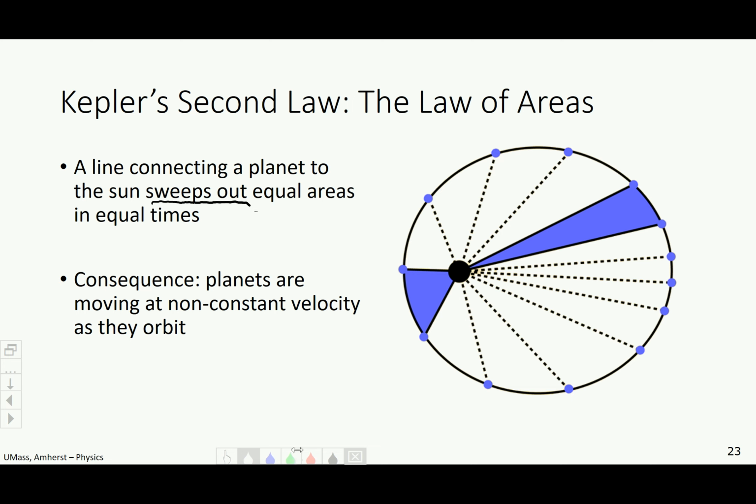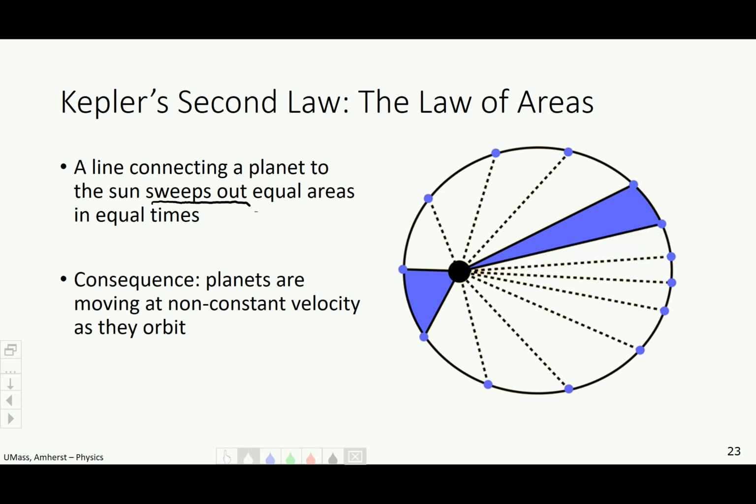As a planet goes along in its orbit, the line from the planet to the sun sweeps out a certain area. If we were to measure the area of this wedge, not exactly a triangle, it would have a certain area as a polygon.